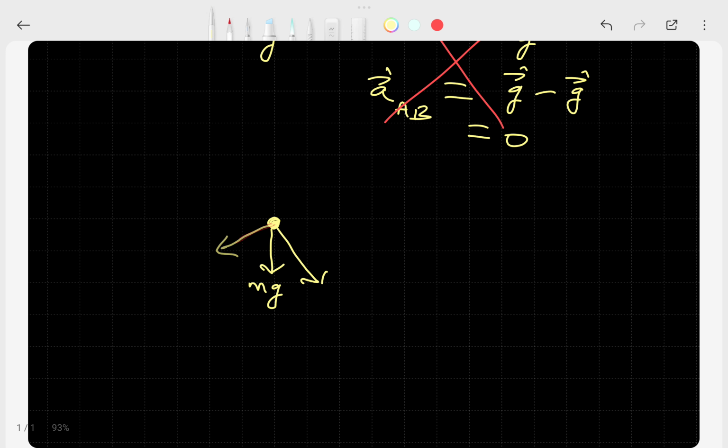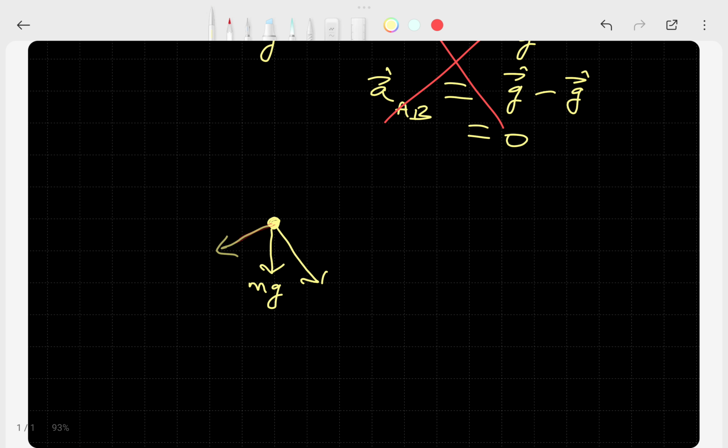It goes the same for B. I am going to do it directly. So mg sin 30 degree is balanced by normal. And mg cos 30 degree will produce acceleration down the plane.